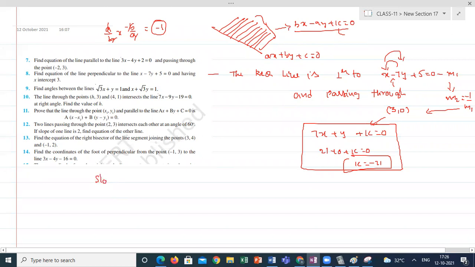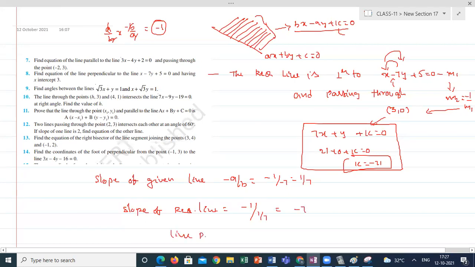Slope of the given line is minus a by b is equal to minus 1 by minus 7, that is 1 by 7. Slope of the required line is minus 1 by 1 by 7, that is minus 7.